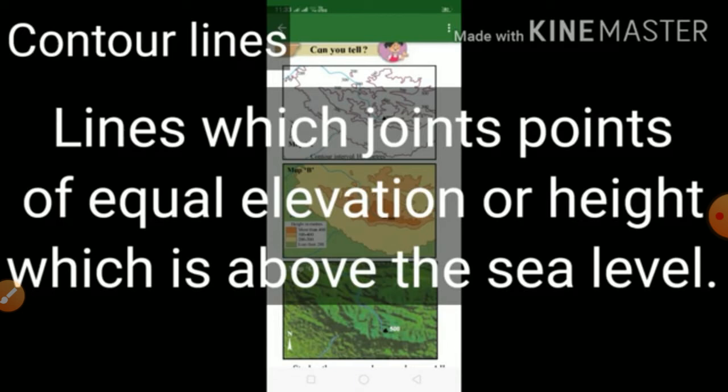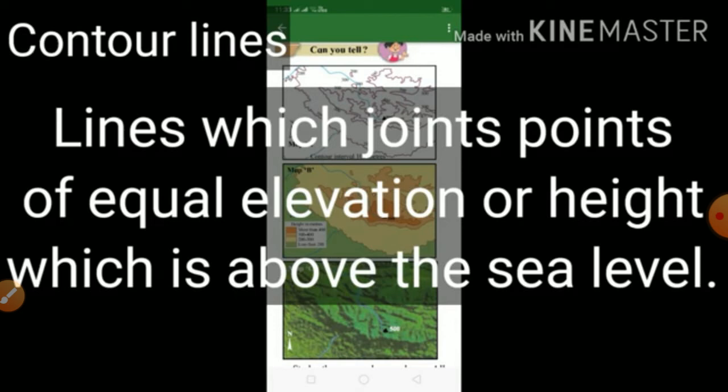Every point of a contour line has the same elevation. It separates uphill from downhill. It does not touch or cross another contour line except at a cliff.